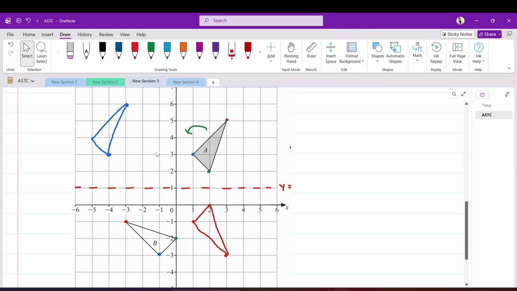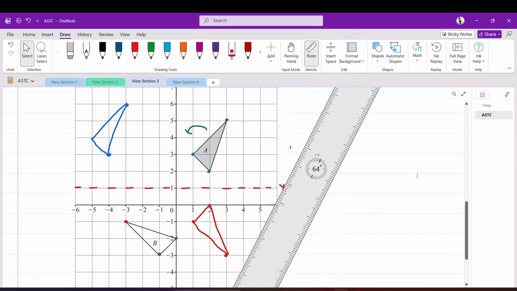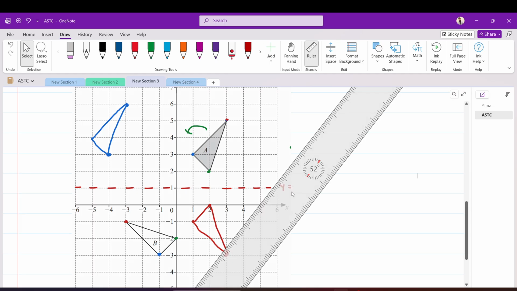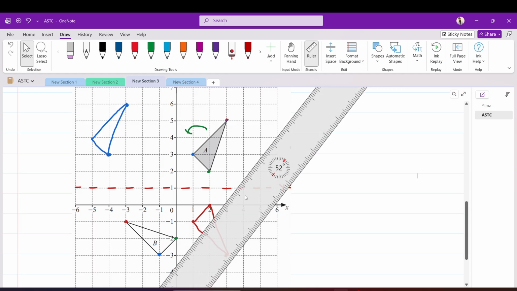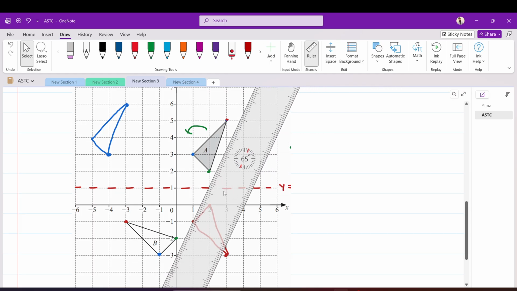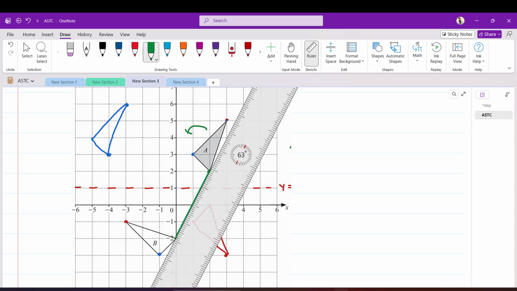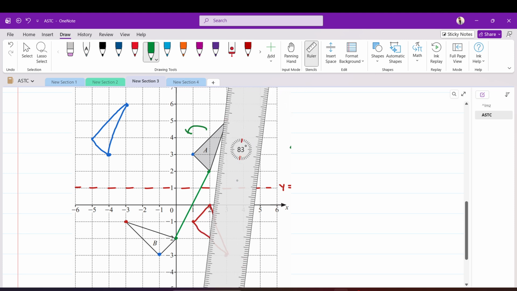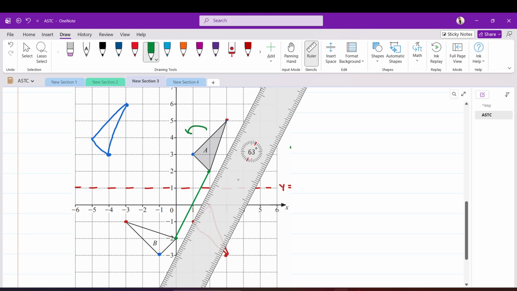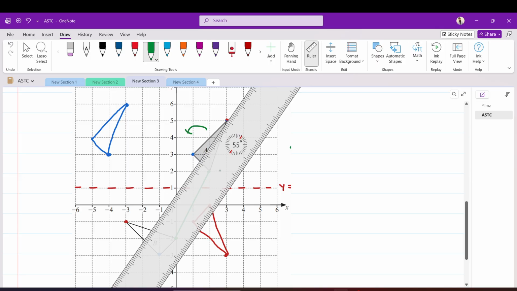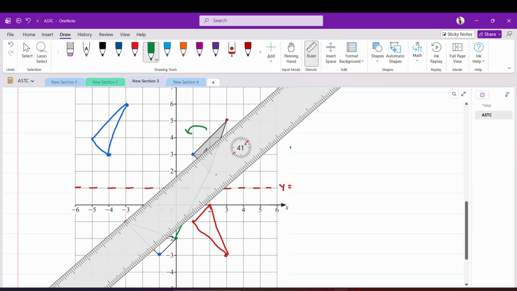The next method is about drawing some lines over here. Let's say that I've identified two corresponding points. Let me draw a line through these points, a straight line from here to here. And secondly, let's say that I join the red points.